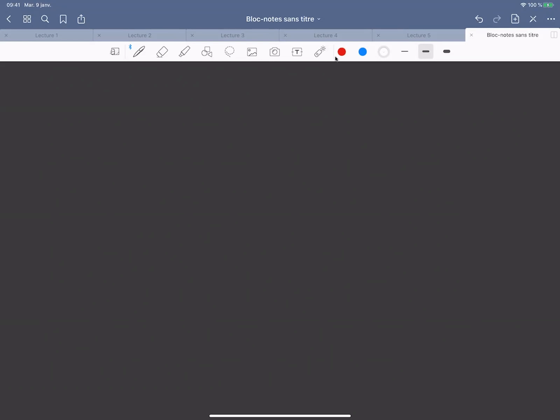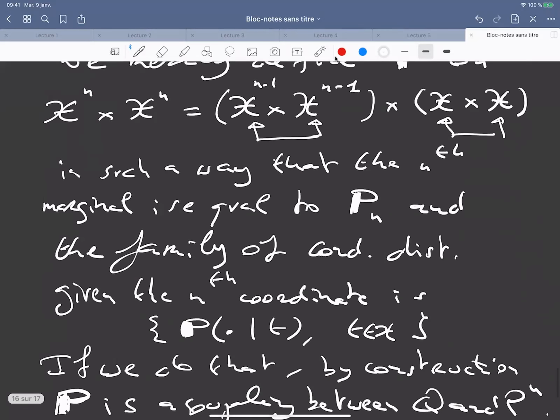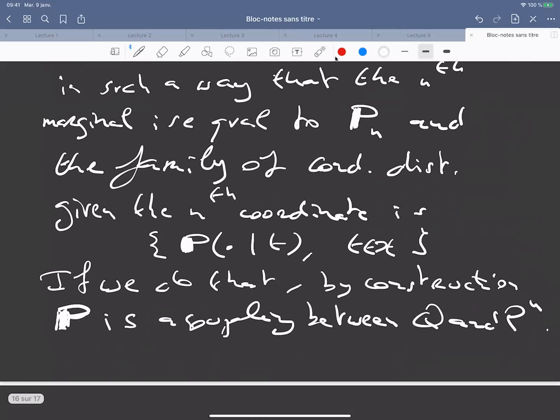By construction, P is indeed a coupling between Q and Pn. This means that the first marginal of bold P is Pn, and the second marginal is Q. Okay?